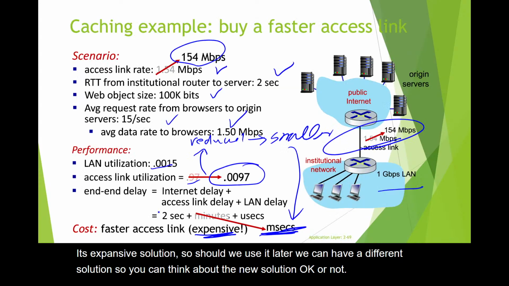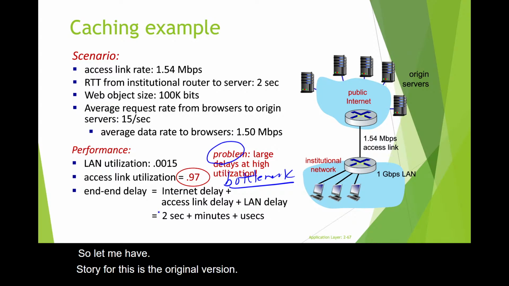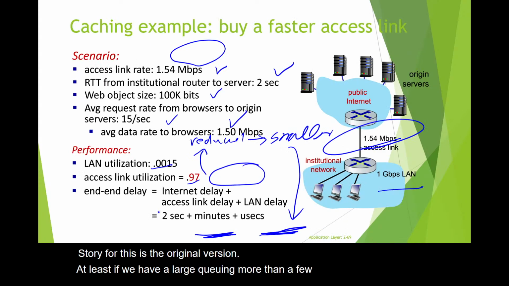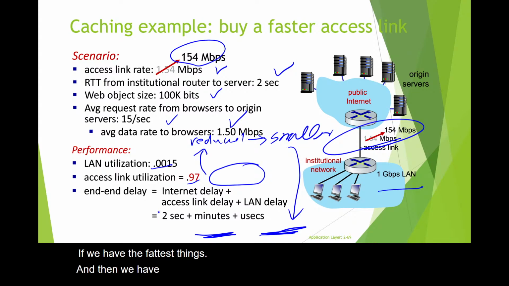So let me have the story for this. This is the original version. If we have a large queuing delay, more than a few minutes, and if we have the fattest links, then we have a time of maybe around 2 seconds.